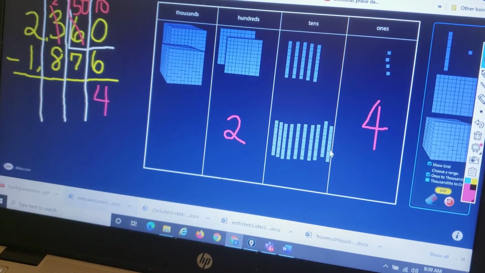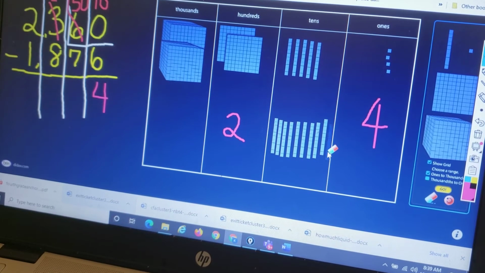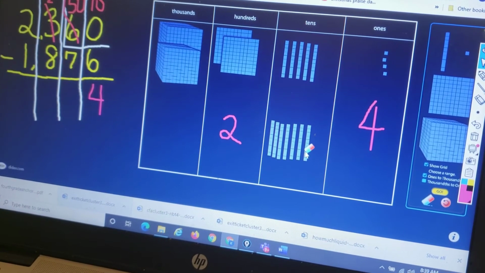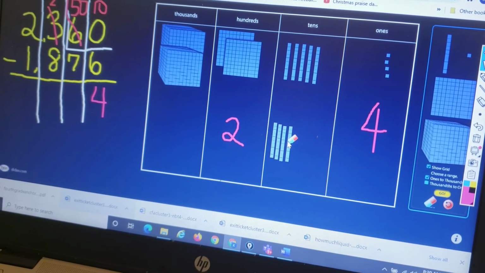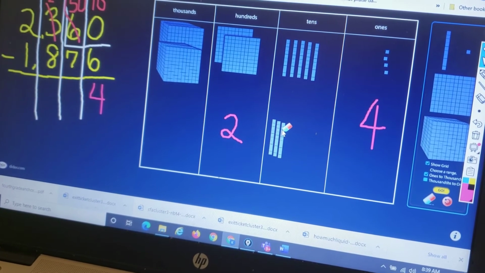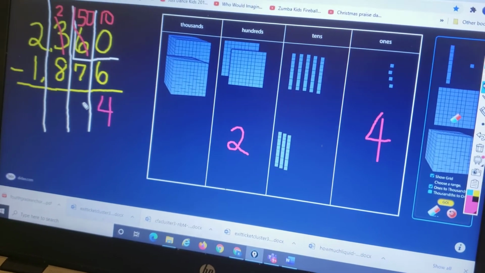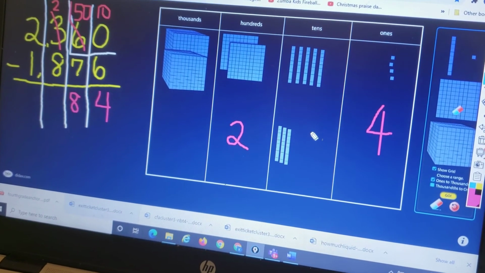So that would be 10, 20, 30, 40, 50, 60, 70. So how many are remaining? We have 5 up here, 6, 7, 8. So we have 8 remaining in our 10 spot. That's 80. Okay?